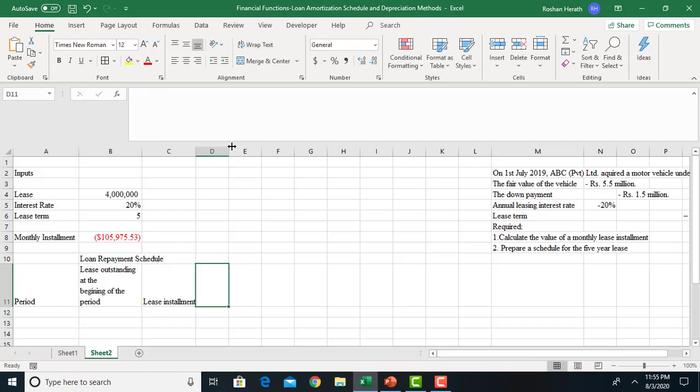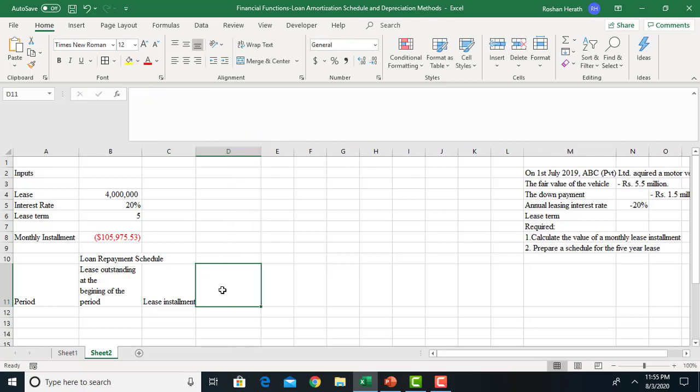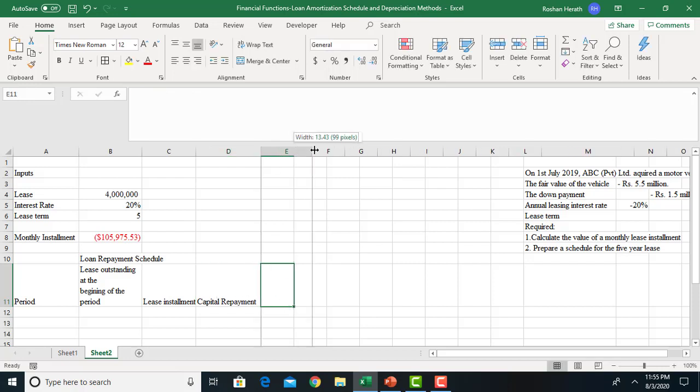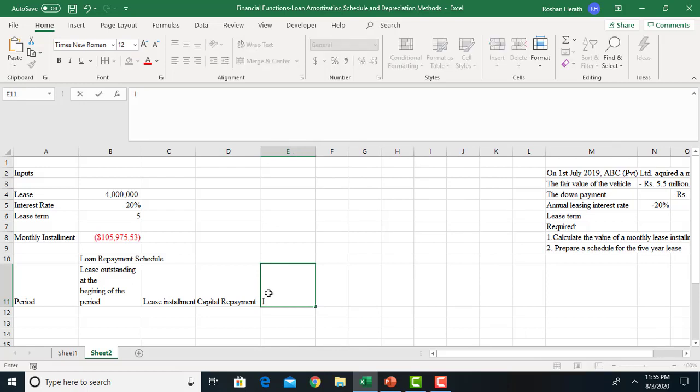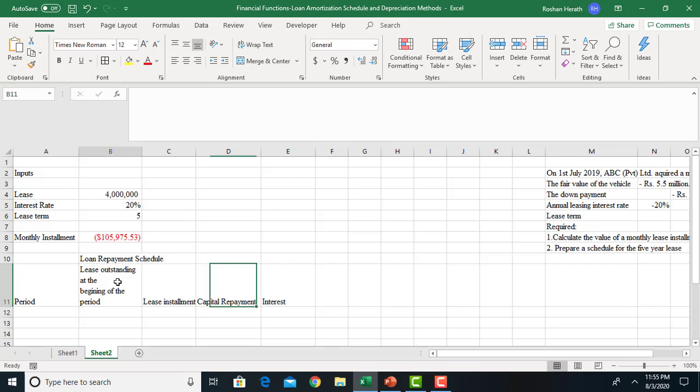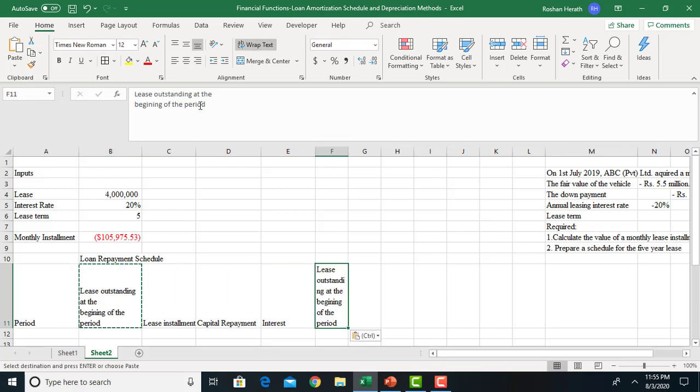Then you can take the capital repayment, or the principal payment, then you can take the interest, and finally the balance outstanding at the end of the period.